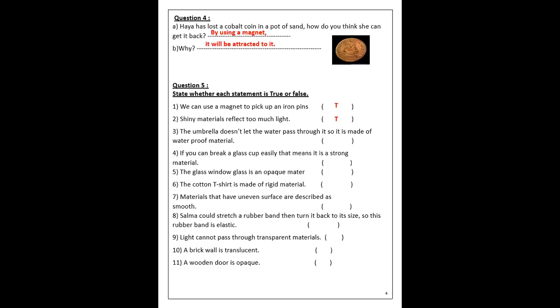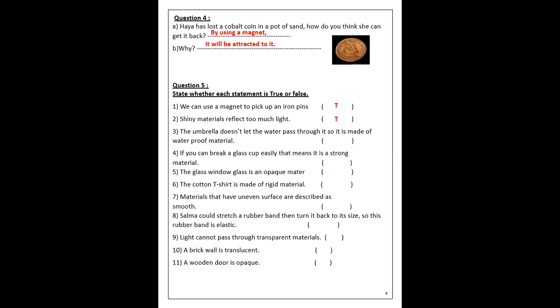So as to keep the water away from you, so as not to let your clothes be wet. Those are the waterproof materials that do not let the water pass through them. The opposite of it is absorbent materials. What are they? They absorb the water, they let the water pass through them.